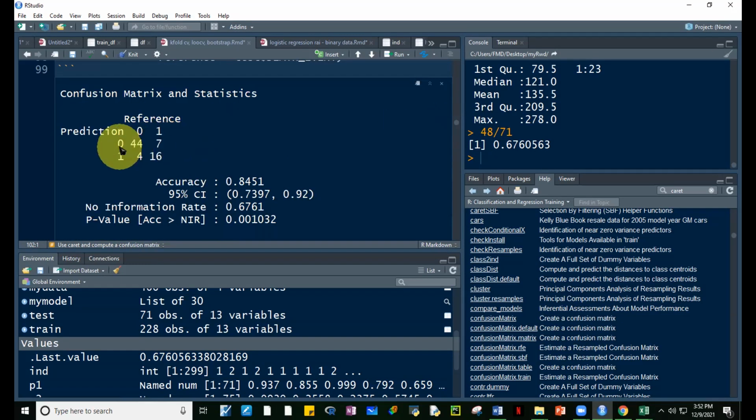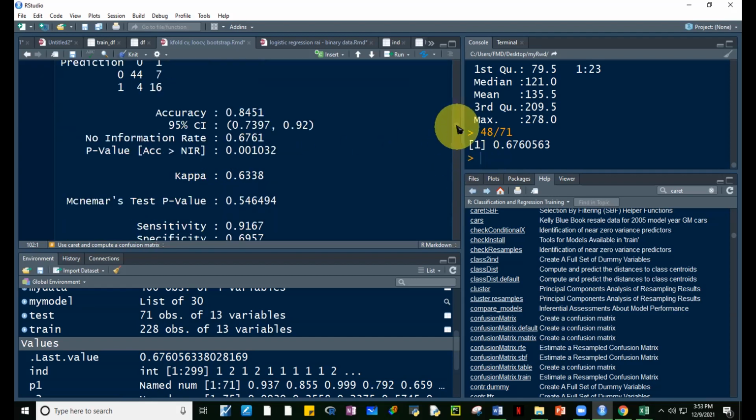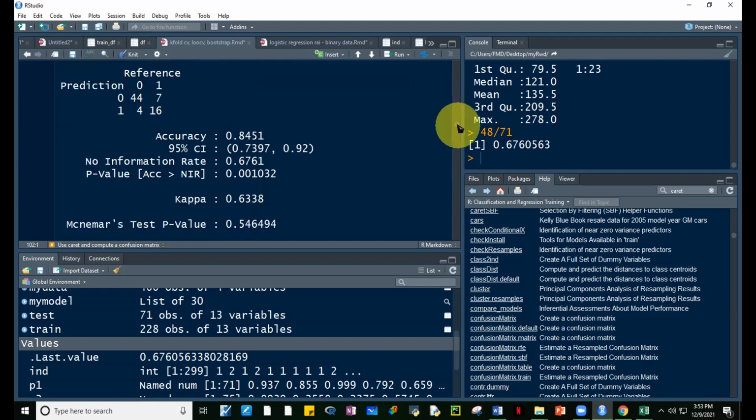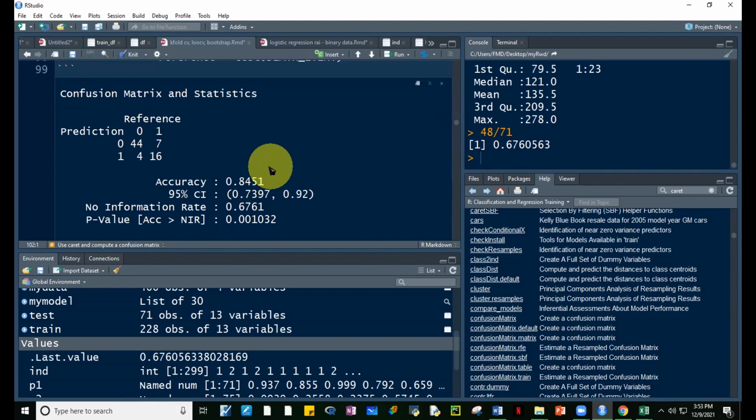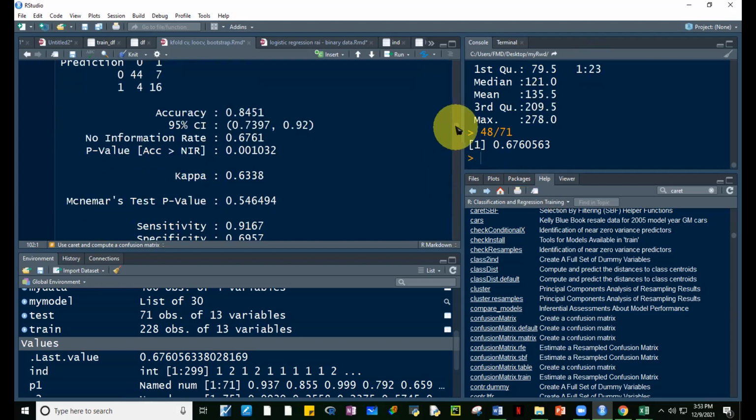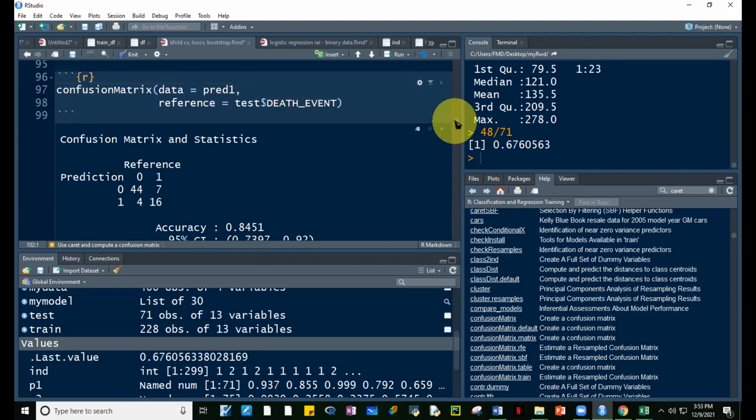Ang prediction kasi ito, no? Sensitivity is 91.67%. So saan yun guys? Saan yung 91.67%? How was that computed? Yung sensitivity na yan.